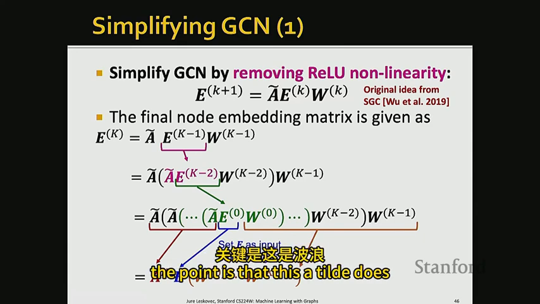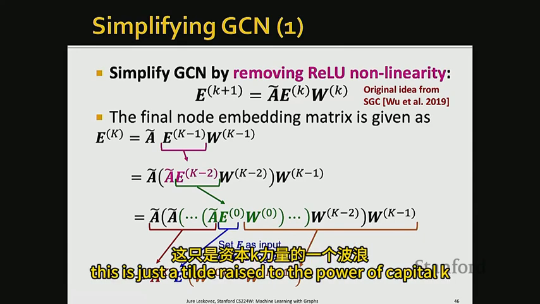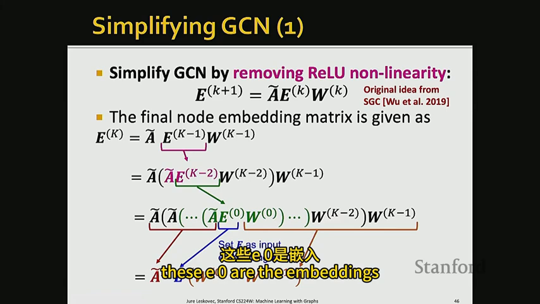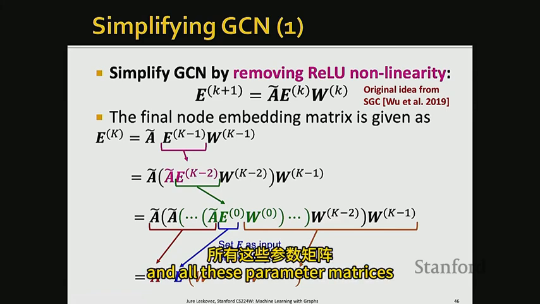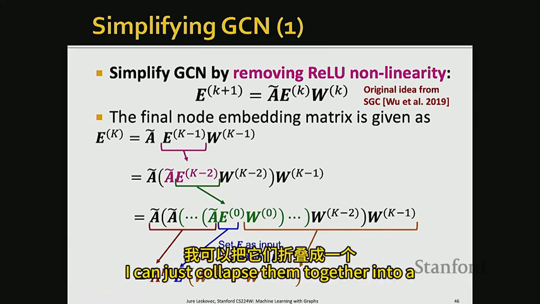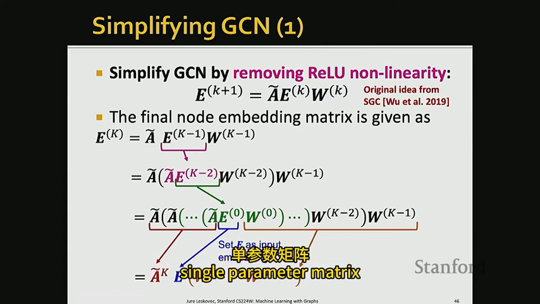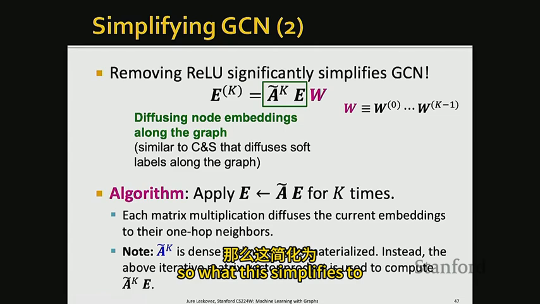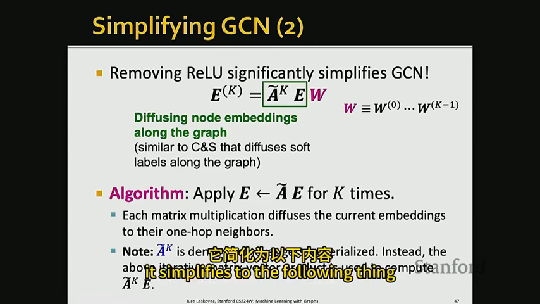The point is that these A tildes are just A tilde raised to the power of capital K. This E_0 are the embeddings, and all these parameter matrices don't really matter because I can just collapse them together into a single parameter matrix, okay? So what this simplifies to, it simplifies to the following thing.